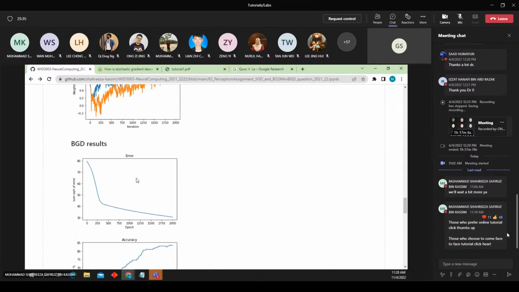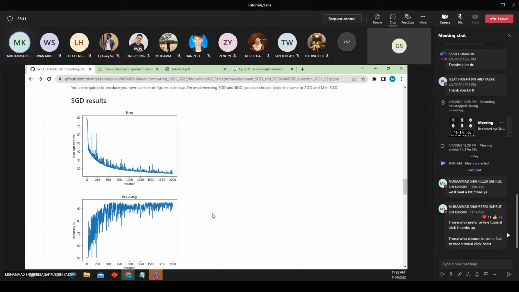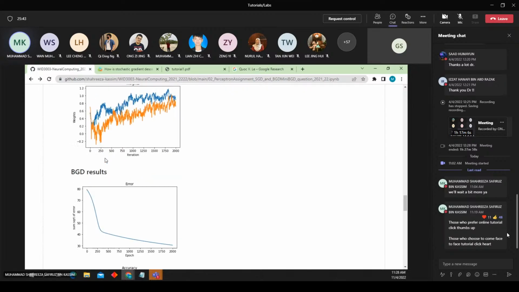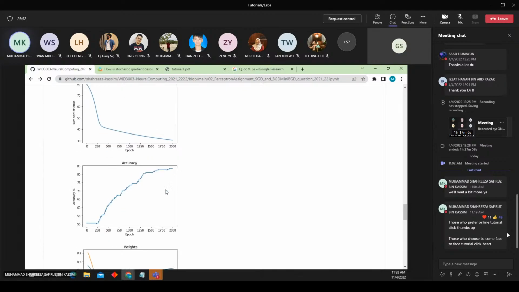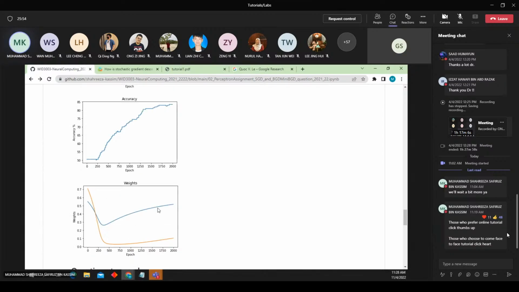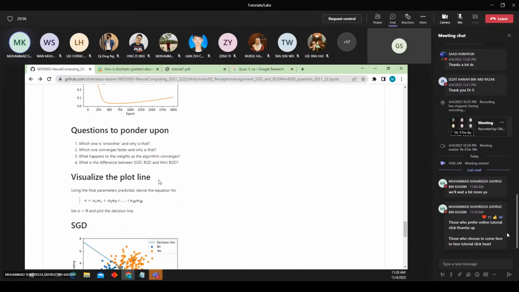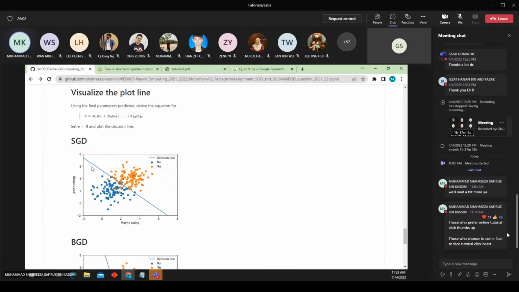And this is batch gradient descent, a slightly different figure from stochastic gradient descent. The accuracy is also changing a little bit, and the weights are also changing. These are the questions I would like you to think of when doing this project, and visualize the plot lines.